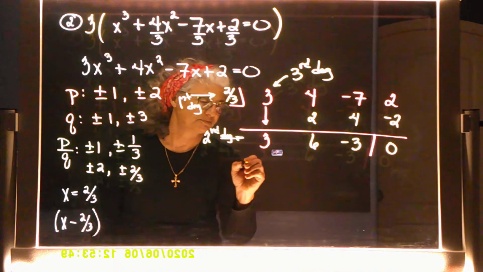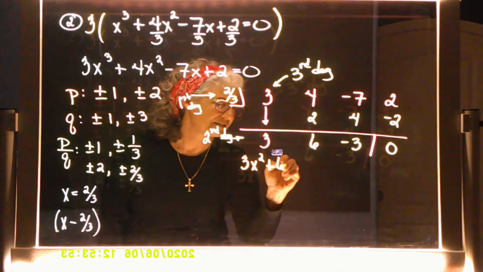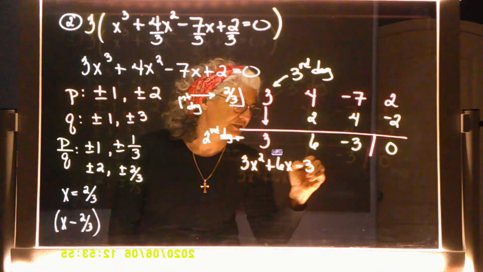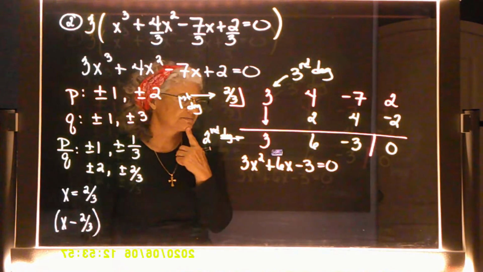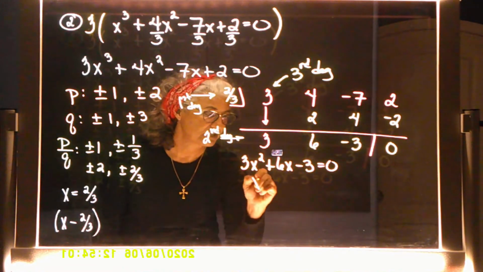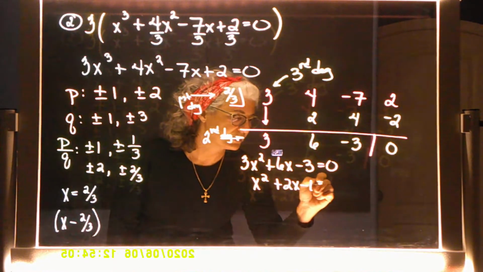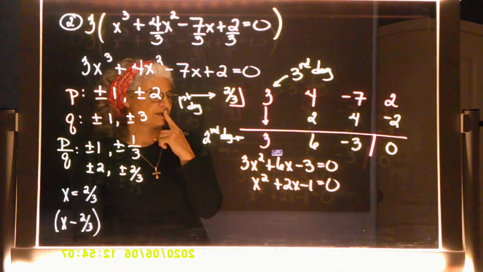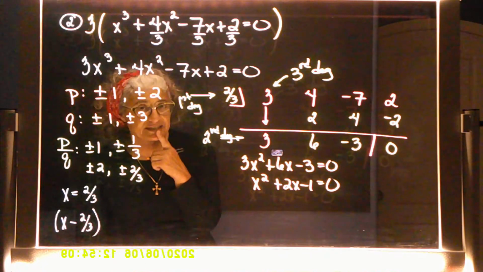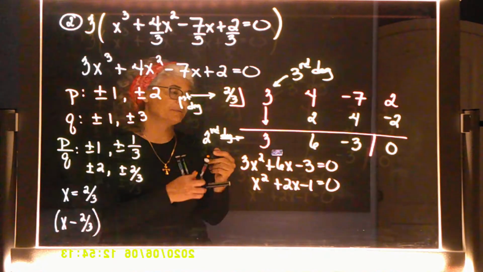So let me write it out. We have 3x squared plus 6x minus 3 equaling 0. I'm going to divide everything by 3, make my numbers smaller. So I have x squared plus 2x minus 1 equals 0. Oh dear. That's not going to factor, is it? I'm going to have to use the quadratic formula.